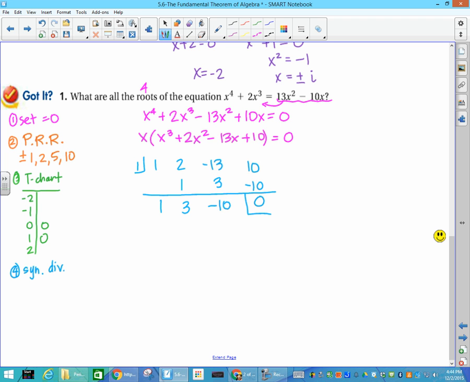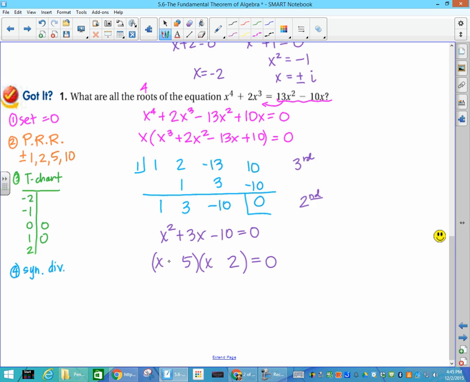Remember, this was a third degree, so this one is a second degree. That means I have x squared plus 3x minus 10 that I need to set equal to 0. I know there are factors of 10 that subtract to give me 3, and that, of course, is 5 and 2.